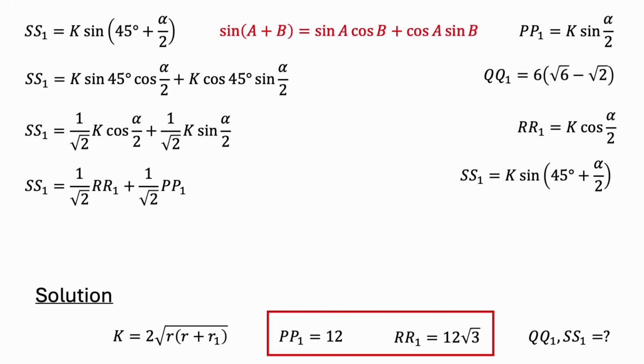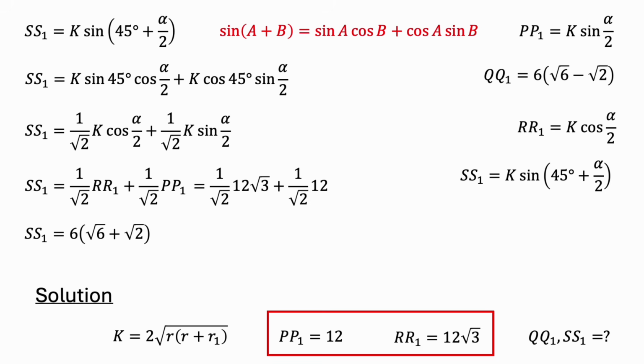Therefore, SS1 equals 1 over square root 2 RR1 plus 1 over square root 2 PP1. Substituting in the values for PP1 and RR1 and then simplifying, we obtain SS1 equals 6 times (square root 6 plus square root 2) units.